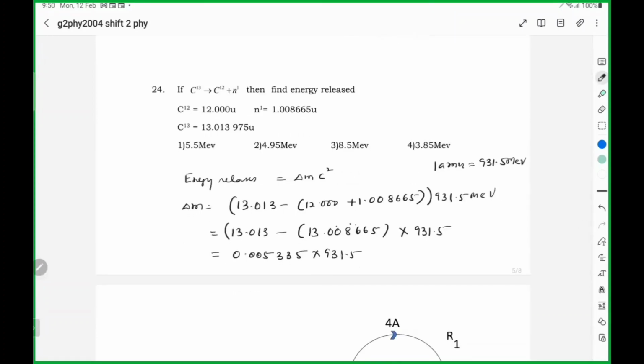So it is roughly 1000 into 0.005, but strictly both are less than 1000. So it will be 4.95 million electron volts.